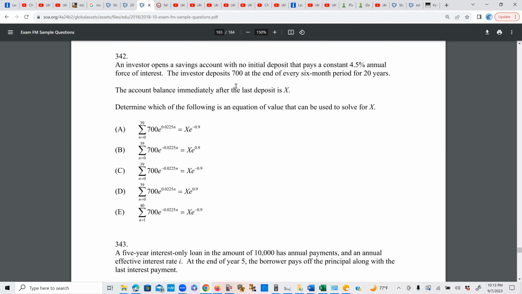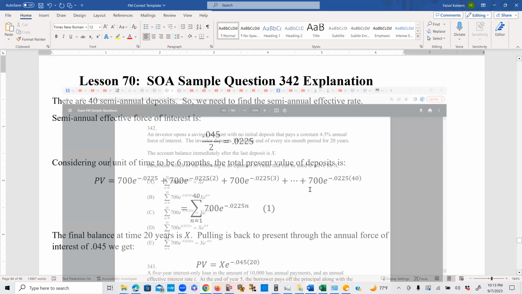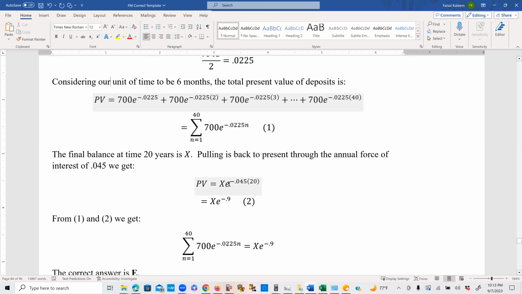The balance after the last deposit is X, so that's the balance at time 20 years. If you bring it back from time 20 years to time 0, you multiply it by e to the negative 0.045 times 20, because now we can use the annual force of interest, since the time we are measuring is in years instead of the 6 months as when we were considering the deposits.